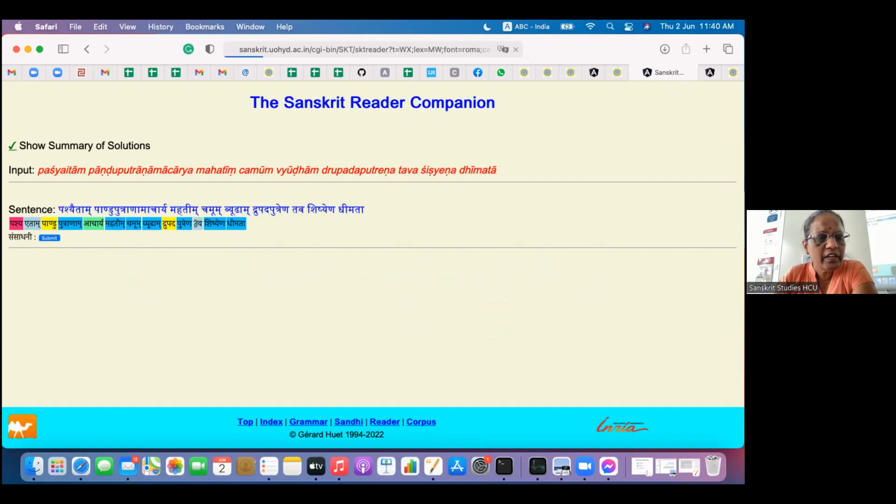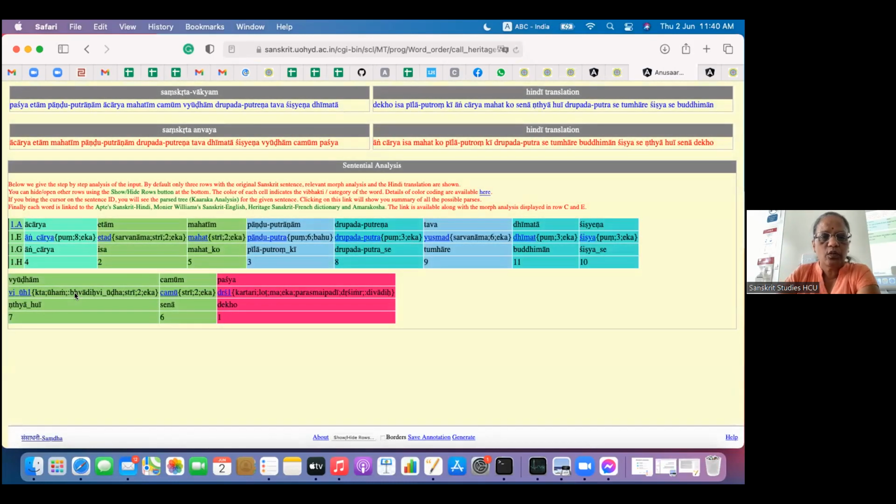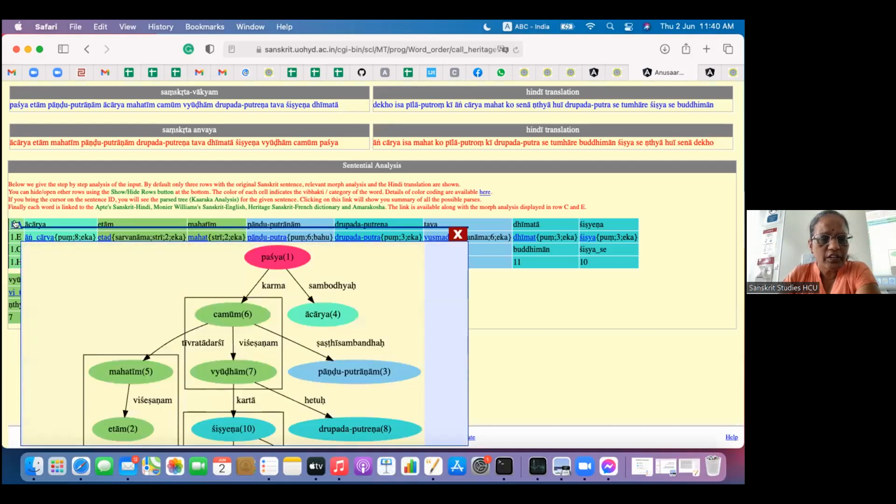This one is in genitive. This Drupada Putrena, this is a compound. Acharya is the Sambodhana, vocative, and so on. And the machine has produced the parse structure. It says Pashya, this is the verb.